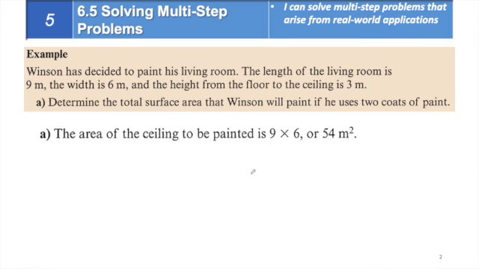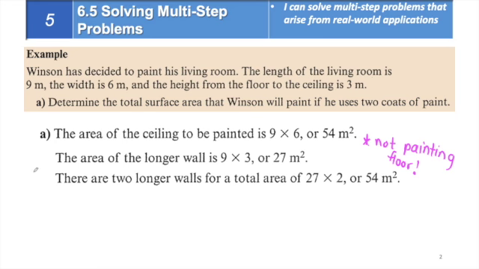Okay, so if you break it up though, the area of the ceiling to be painted is 9 by 6 or 54 meters squared. Remember, we're not painting the floor. Okay. The area of the longer wall is 9 by 3.